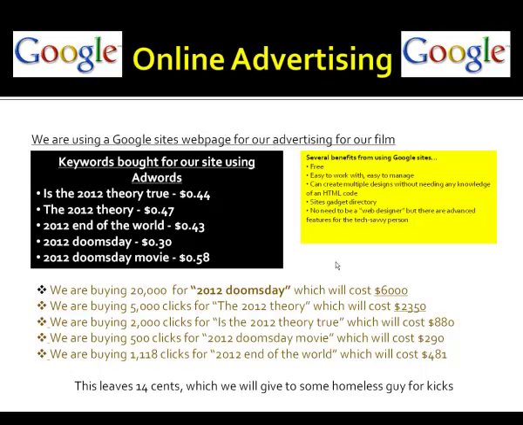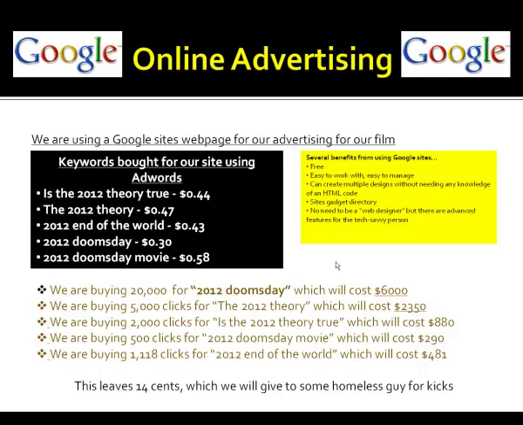So we spent more than half of our budgeted amount for keywords on that 2012 Doomsday. So obviously, assuming which ones are going to be clicked on the most or searched, that's a very important thing.